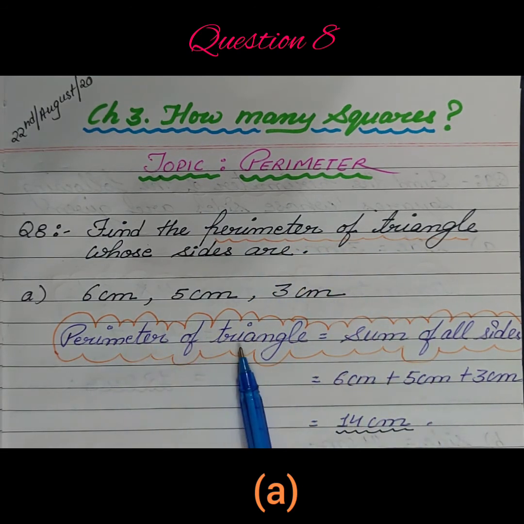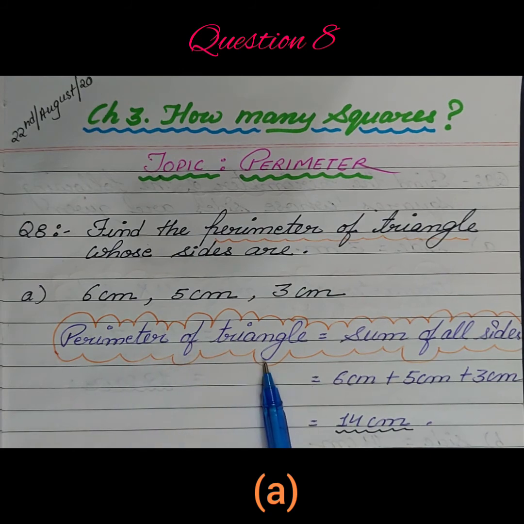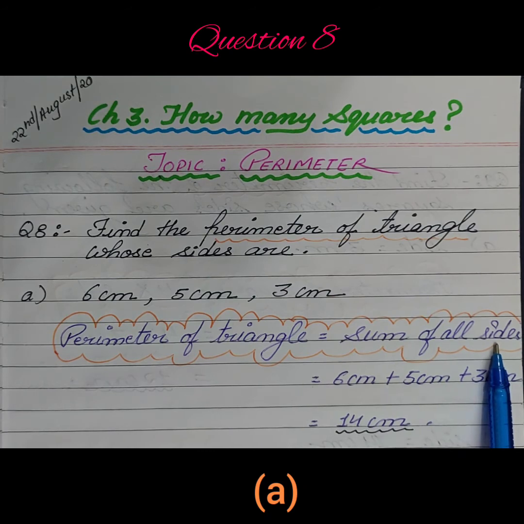And we all know the formula. Perimeter of a triangle is equal to sum of all sides. Now add all the sides. 6 cm plus 5 cm plus 3 cm is equal to 14 cm. Remember, in perimeter we will not write the unit in square.